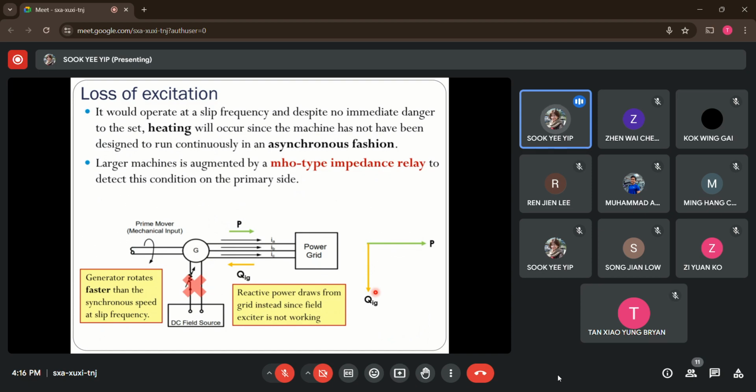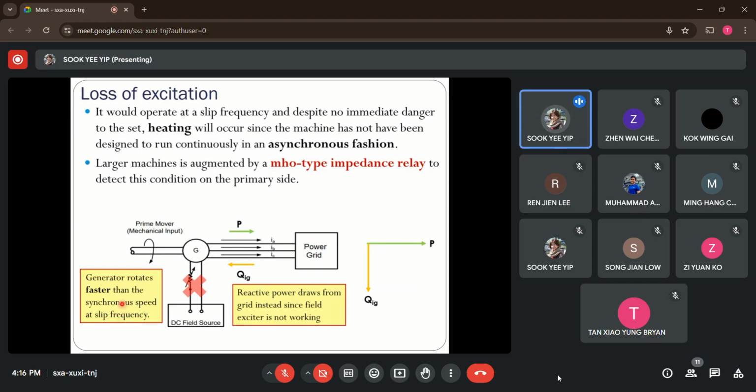With the excitation field, we actually produce a force which opposes the prime mover, or opposes the rotor. Because it's not working, it doesn't produce the opposing force. Hence, the rotor of the generator can rotate much faster than the synchronous speed of the generator at slip frequency. Slip here is the difference between the synchronous speed and the rotor speed.